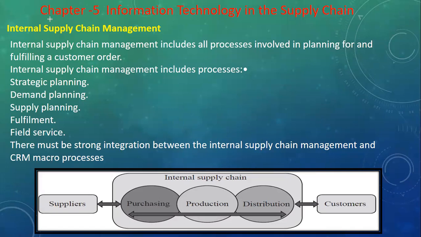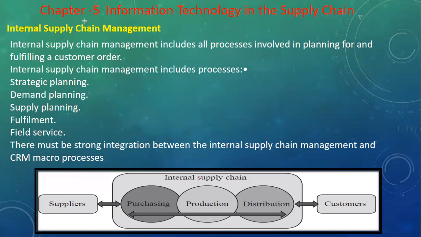What is the external? External is buying the product from the supplier and delivering to the customer. Okay, so internal supply chain management includes all processes involved in planning for and fulfilling the customer order.